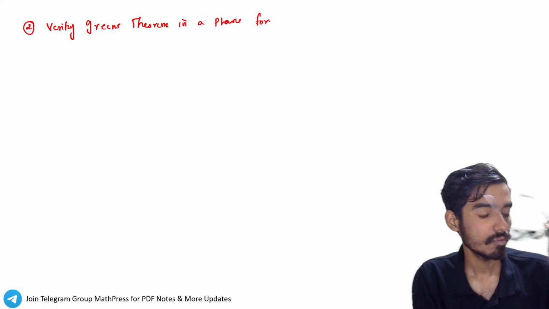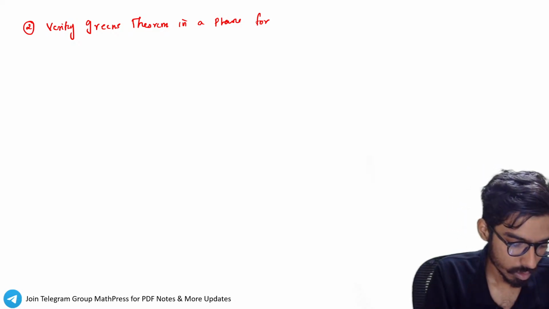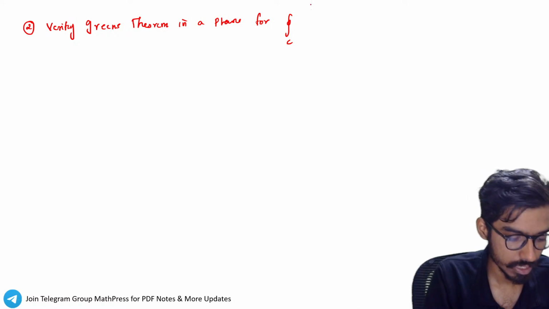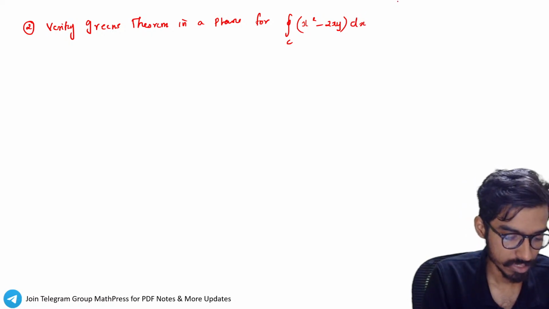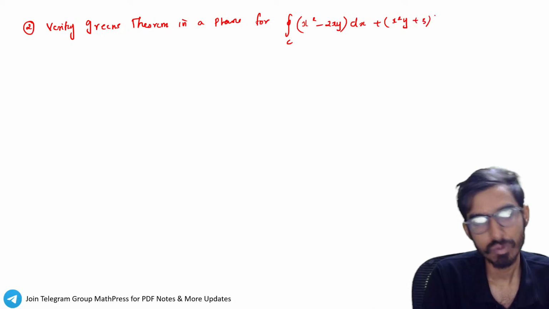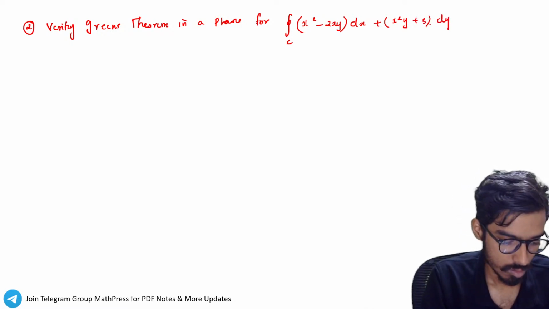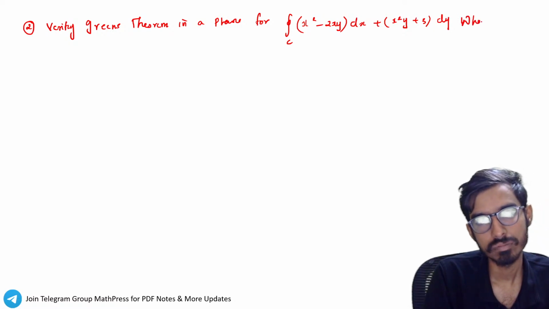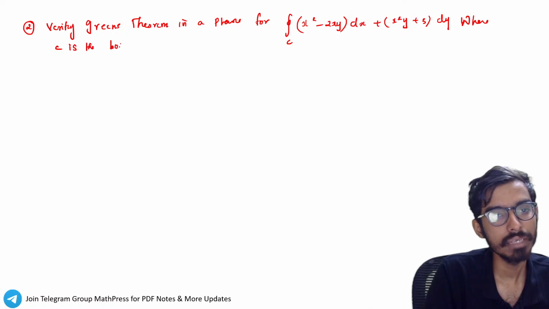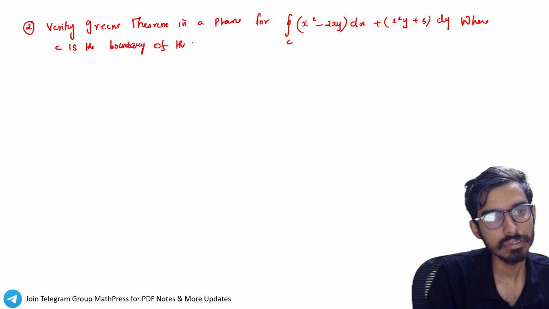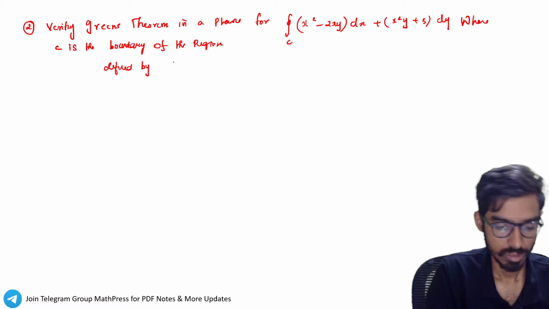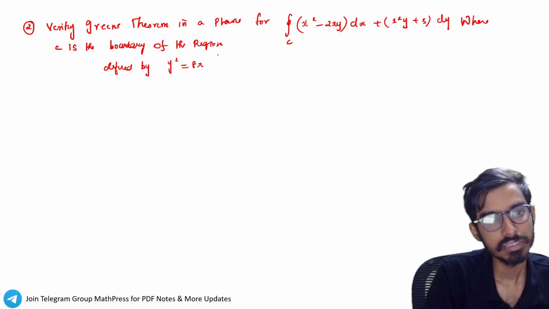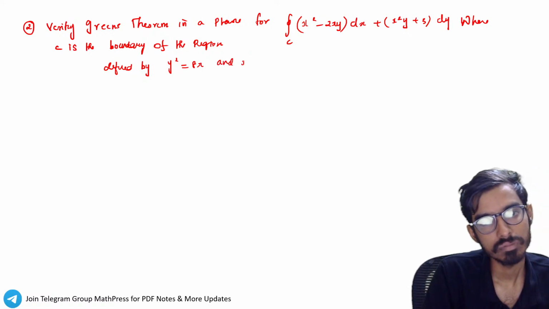for the given curve. They are asking to verify Green's theorem in the plane for the integral over C of x square minus 2xy dx plus x square y plus 3 dy, where C is the boundary of the region bounded by y square is equal to 8x and x is equal to 2.